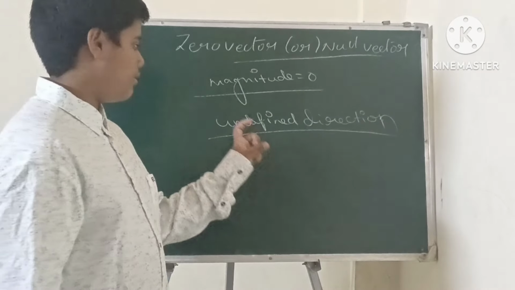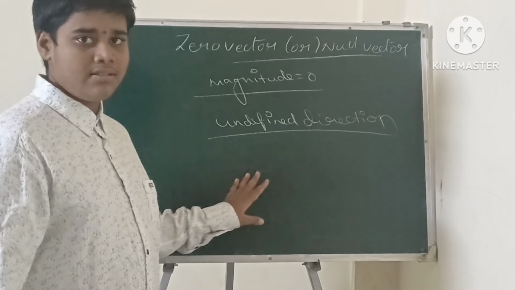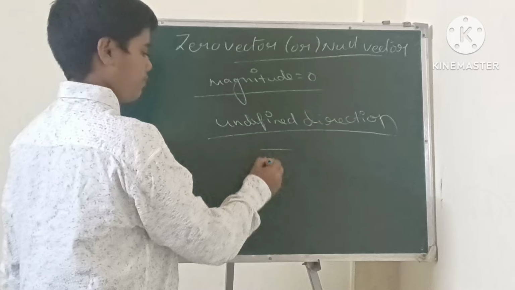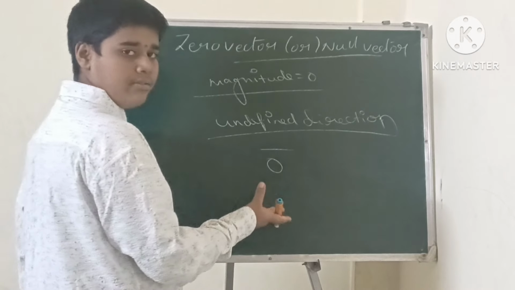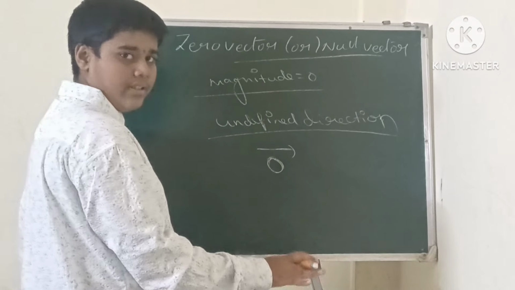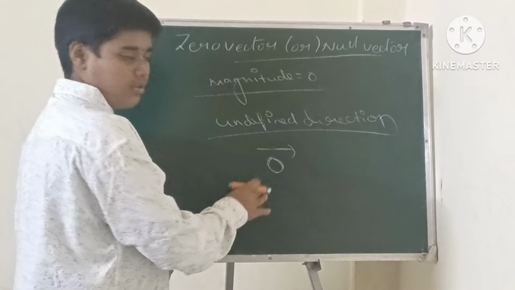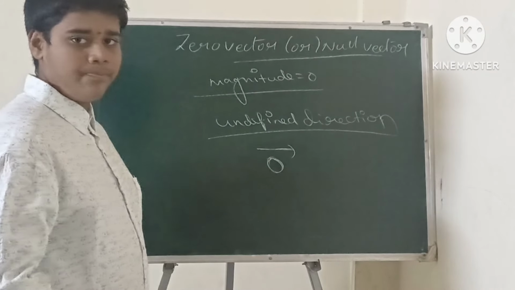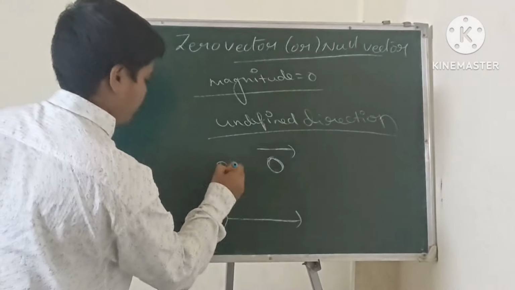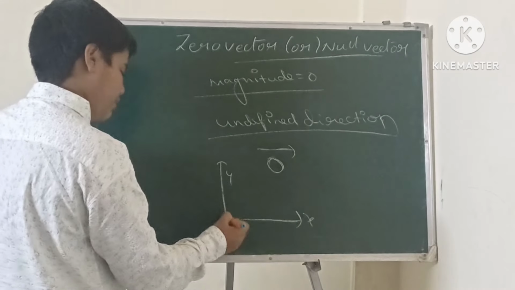Zero vector means magnitude is 0 and direction is undefined, because the magnitude of the vector is 0, so how can we find the direction? In the coordinate system with y-axis, x-axis, z-axis, this is the origin.